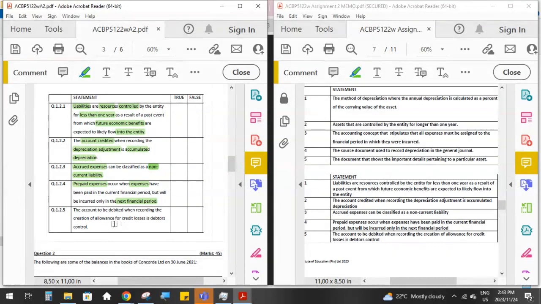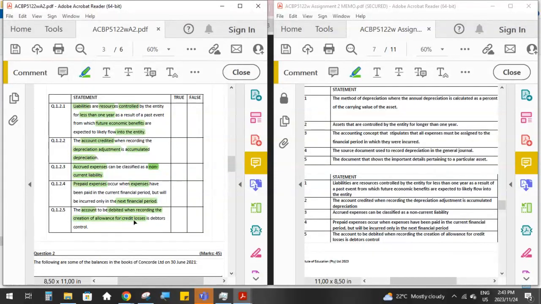Then the account to be debited when recording the creation of allowance for credit losses is the debtor's control. Okay, so what general ledger account will be debited when recording the creation of an allowance for credit losses? So this one here is false. Can you remember what account do we debit and what account do we credit when we create an allowance for credit losses?